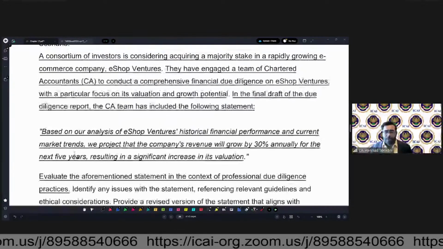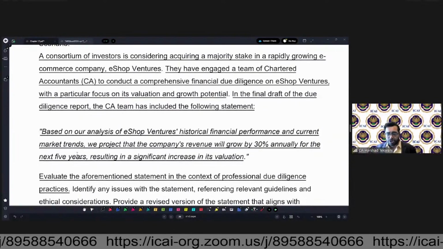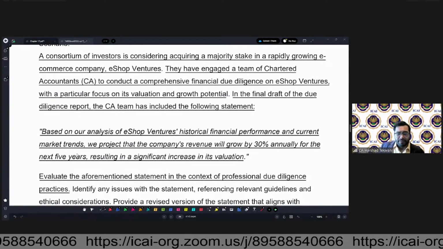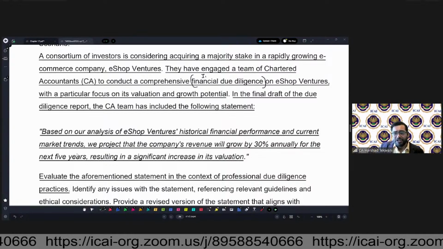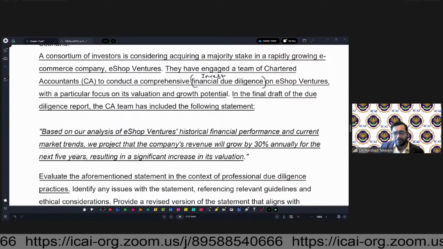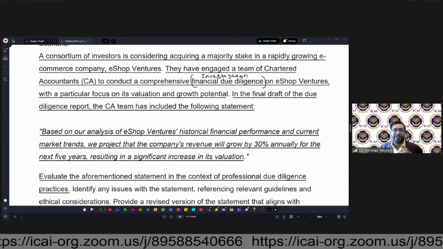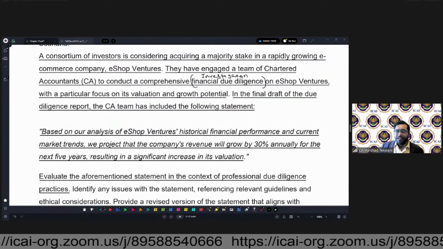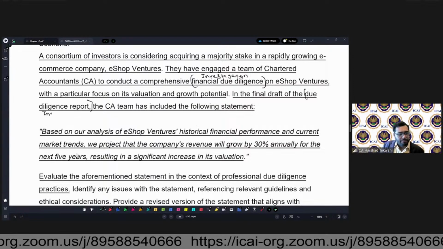Okay. Now here, you can also substitute the term due diligence with investigation. So let's say, for example, instead of financial due diligence, if the term investigation is used, the question will remain the same.